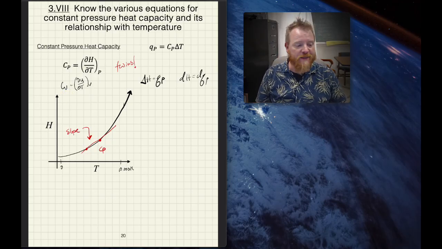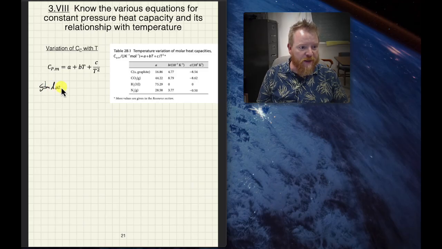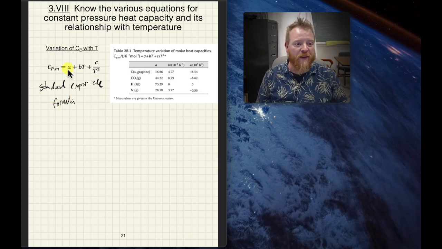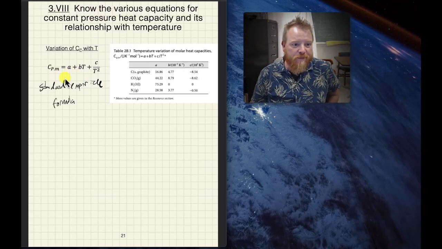So that's what we can see in this next slide here. So this is a standard empirical formula for CP. So let's write that down, standard empirical formula. And this A and B, don't confuse those with the van der Waals A's and B's. They are different.